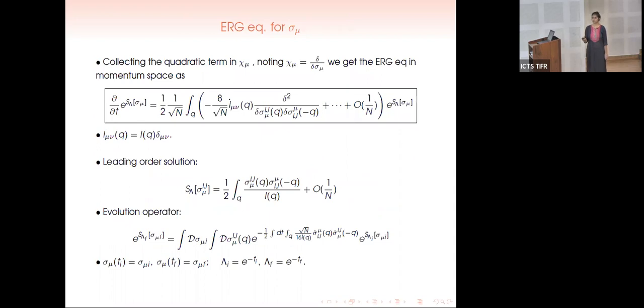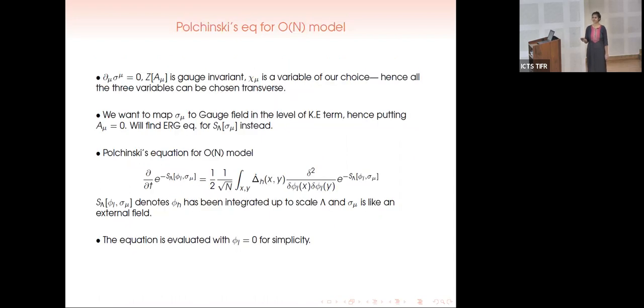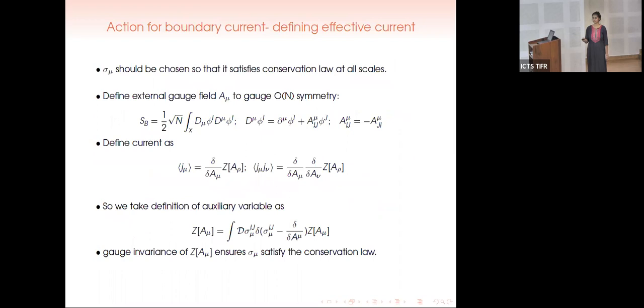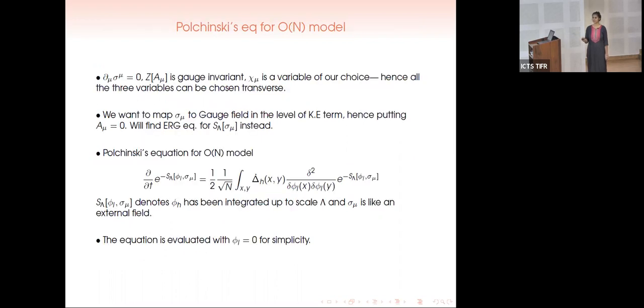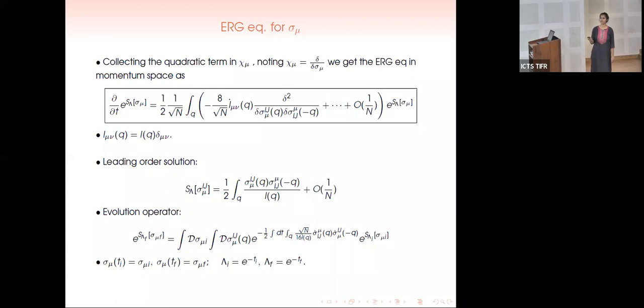Okay, now from this expression for Z with A mu, one can find e to the power minus S lambda and write the Polchinski equation in this form.